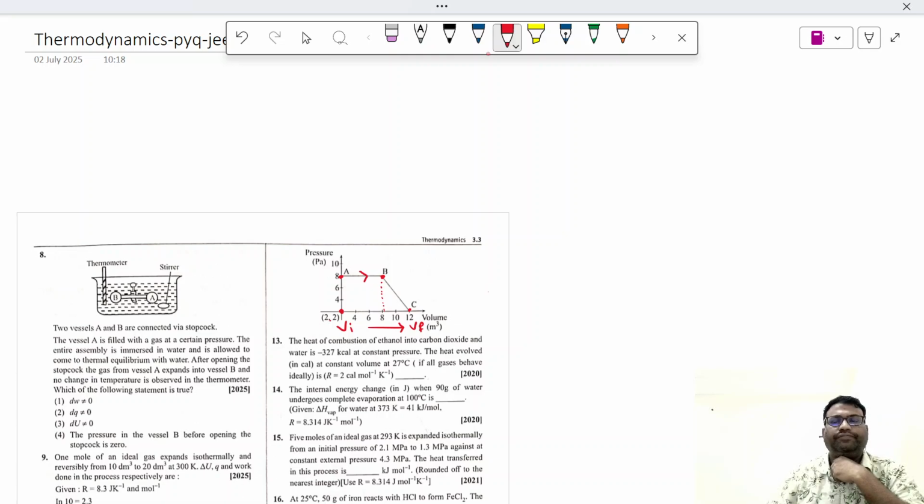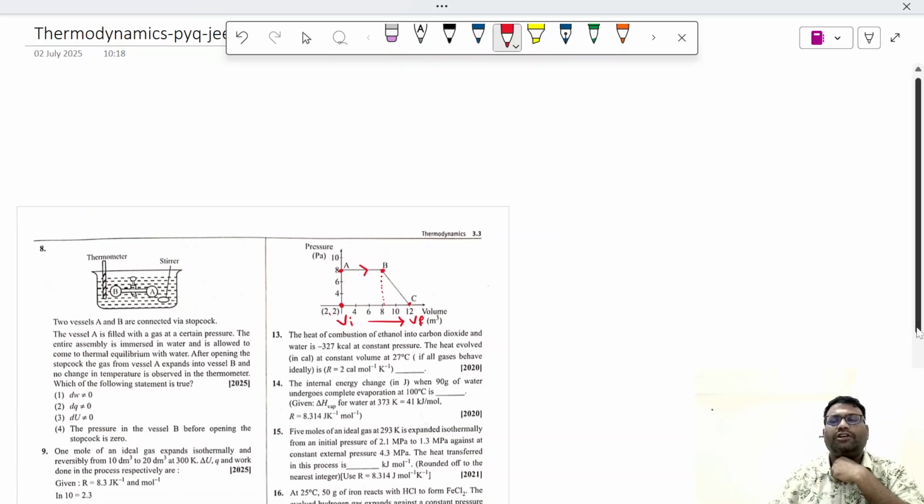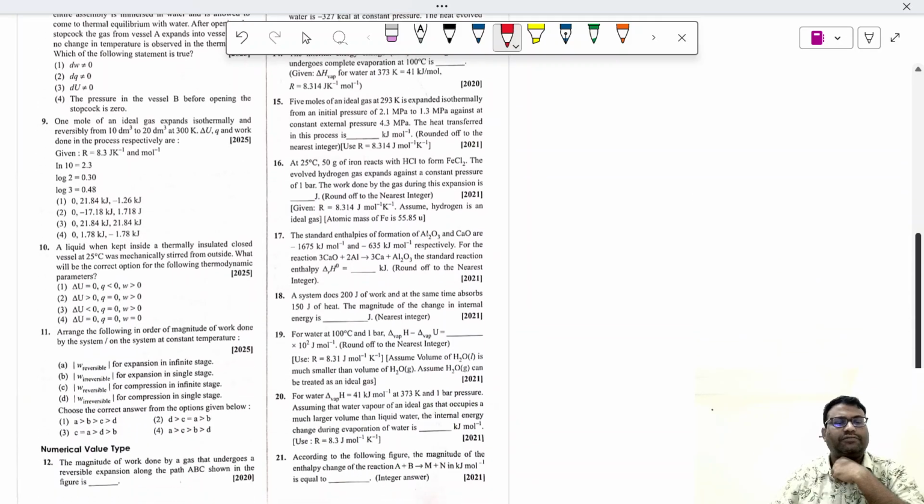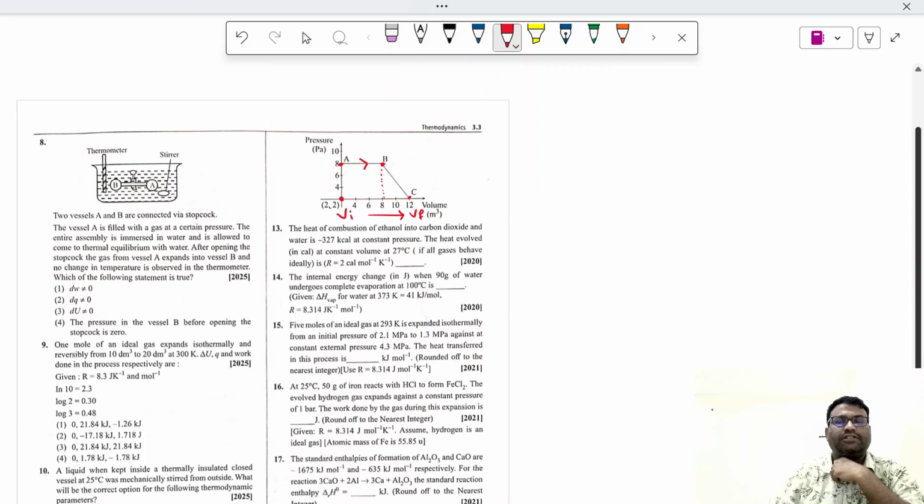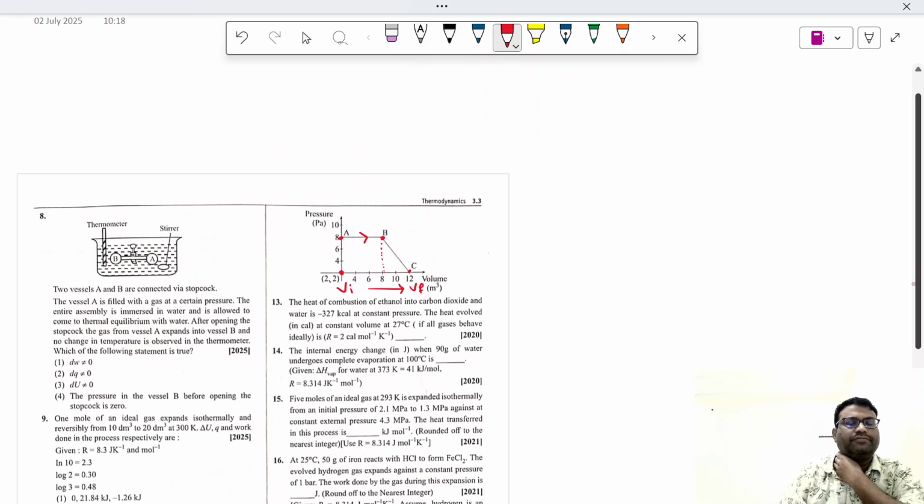So in what units is the question asked? He has simply asked for the magnitude of work done by the gas. He did not ask it in any units. So in the PV graph, this is pressure and this is volume. The area under the PV graph is the work done.